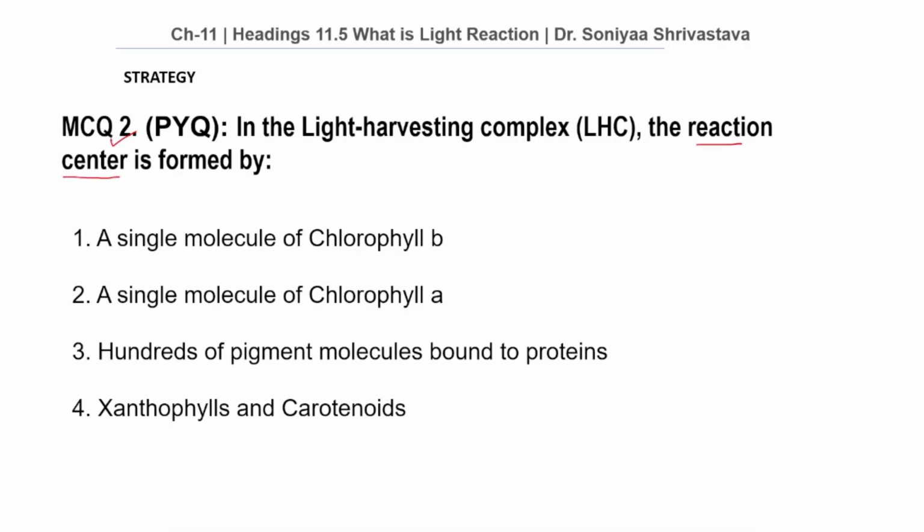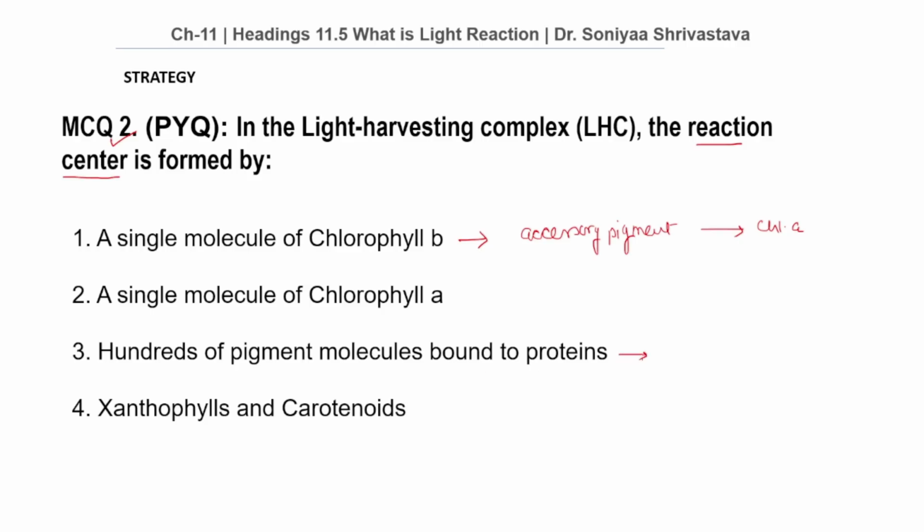Now coming to the options. Option number 1, a single molecule of chlorophyll B. Is it a single molecule of chlorophyll B? No. Chlorophyll B is an accessory pigment. It absorbs the light and transfers the energy to chlorophyll A. Option number 3, hundreds of pigment molecules bound to protein.